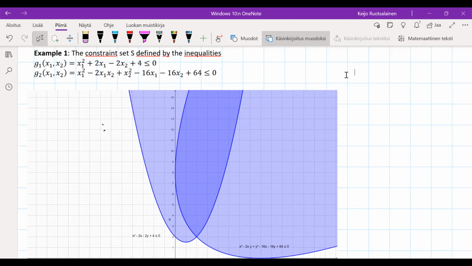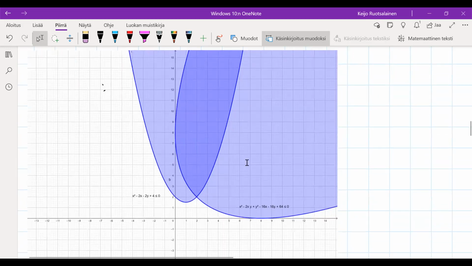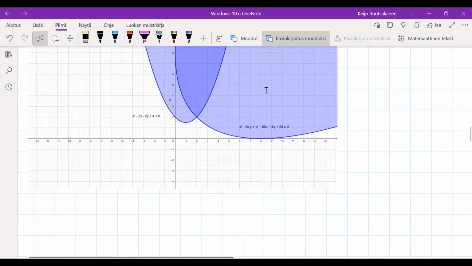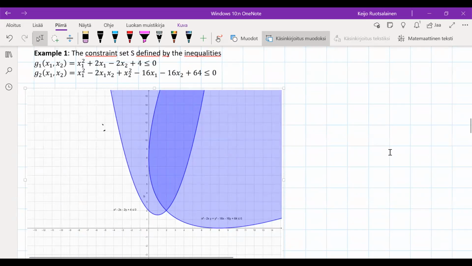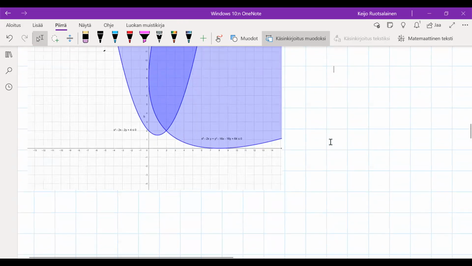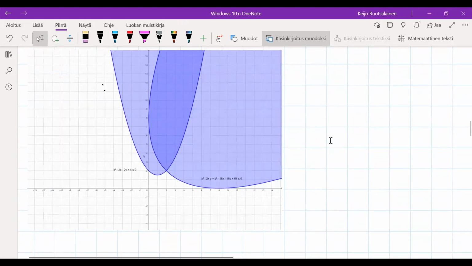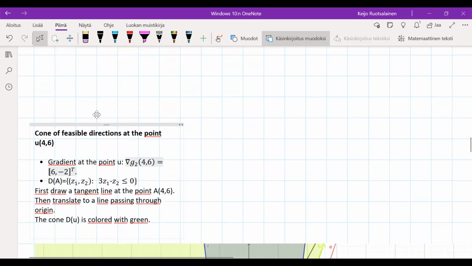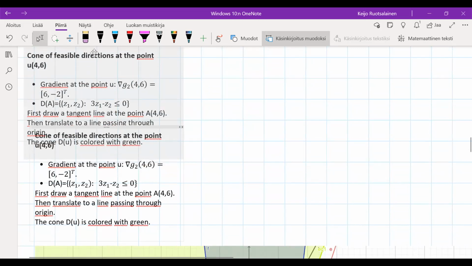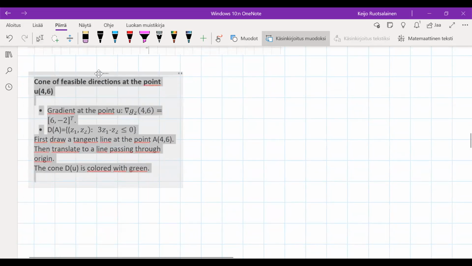And now we can investigate, for example, what are these cones of feasible directions. And then I take a few examples.